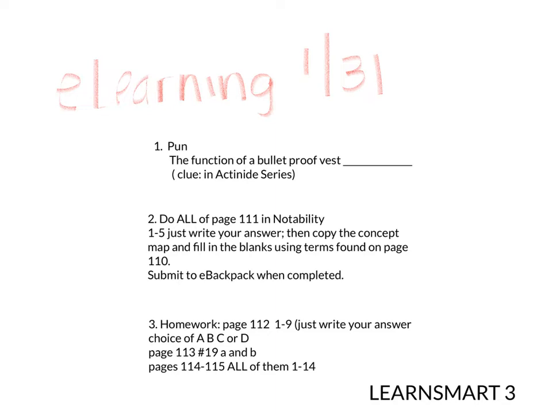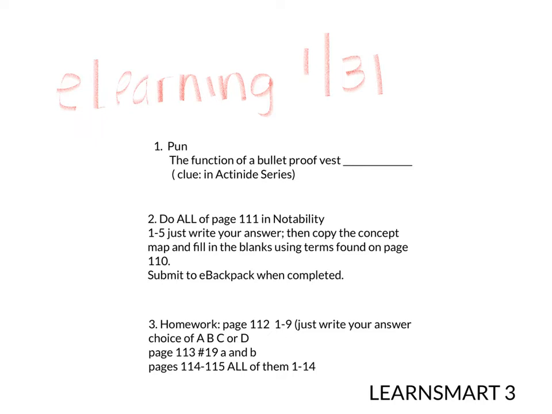So you will not be writing the group or period number, you will write actinide series. So look through the actinide series. When you think you have your answer, write the element name, then the symbol, then the atomic number, and then the atomic mass, and then underneath that write actinide series, and then you'll be all done. All right, good luck on finding that one. It's one of my favorites.